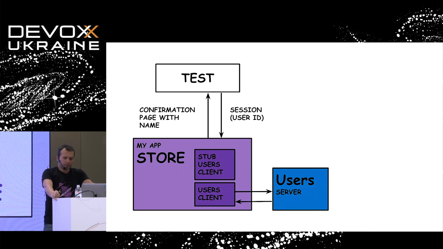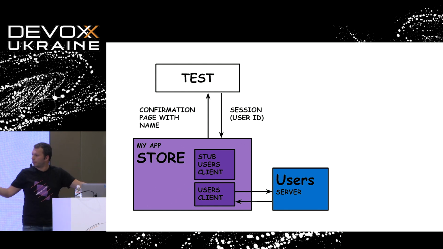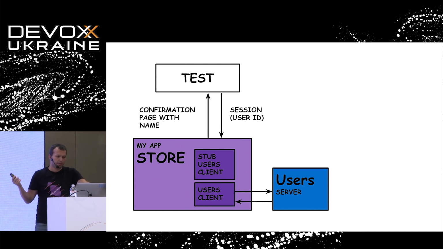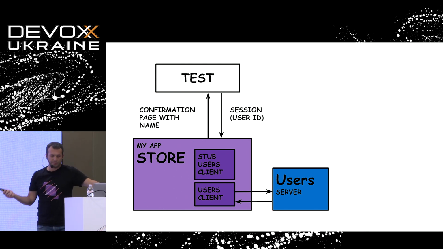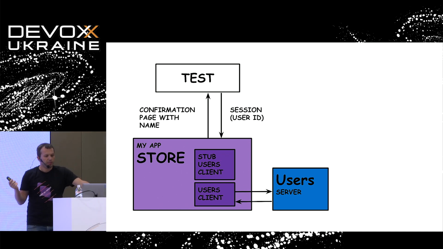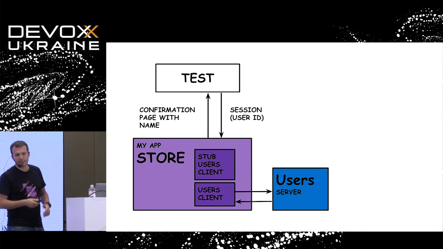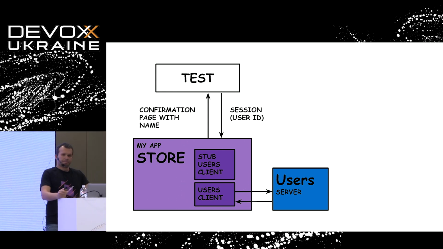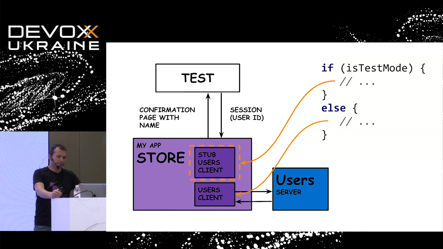And this is the approach. They have in their application two implementations of this user client. One is the real one, and another one is a stub client. This approach is called in-process component test. While it's a good and valid approach for acceptance tests and so on, it can't replace end-to-end tests, and I'll explain why.